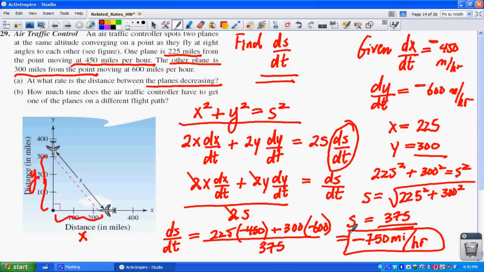And that's the rate of change of the distance between these two planes, because we know this s is getting smaller and smaller, and it's getting smaller at a rate of 750 miles per hour.